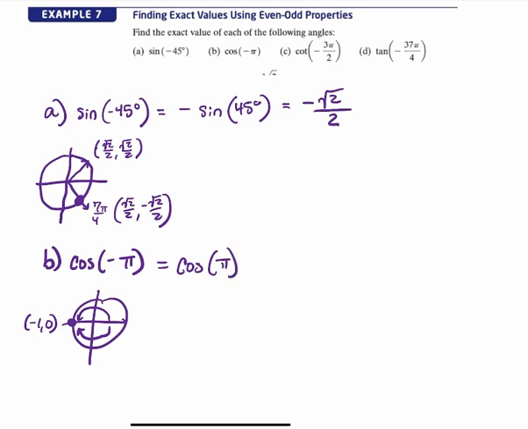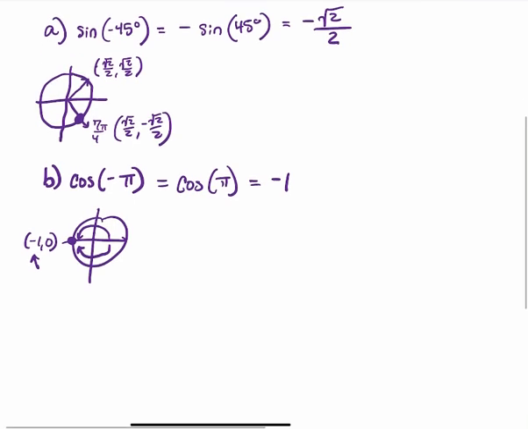They're actually coterminal. And I know the cosine is the x value, so this should be equal to negative 1. How about c? c is the cotangent of negative 3 pi over 2.